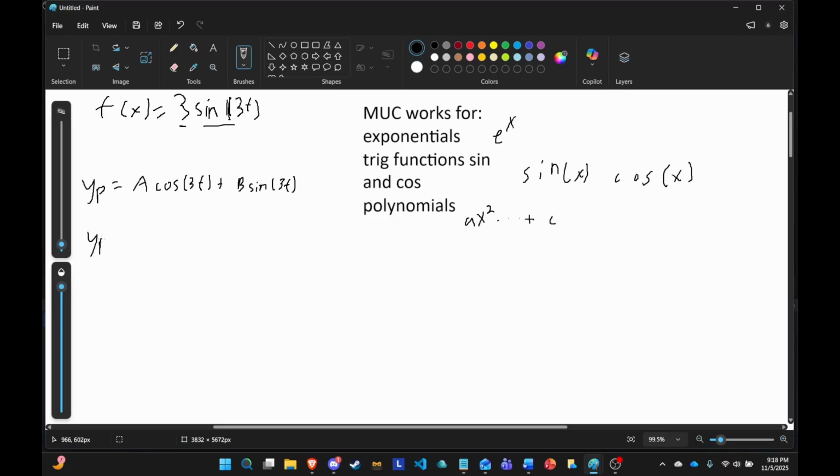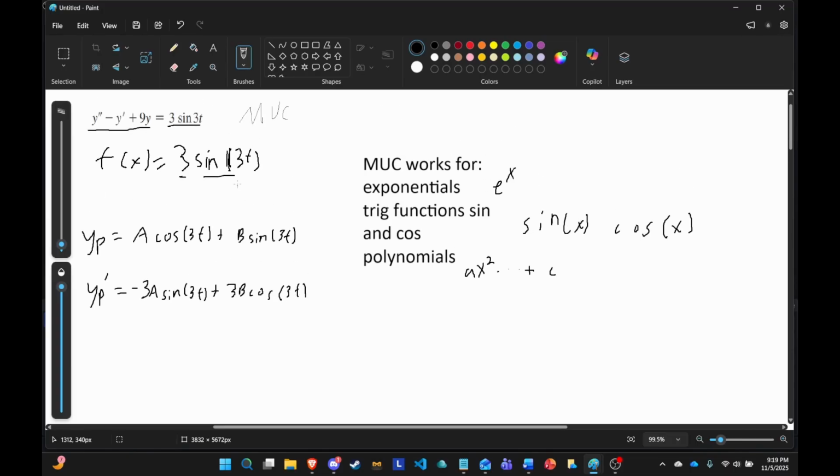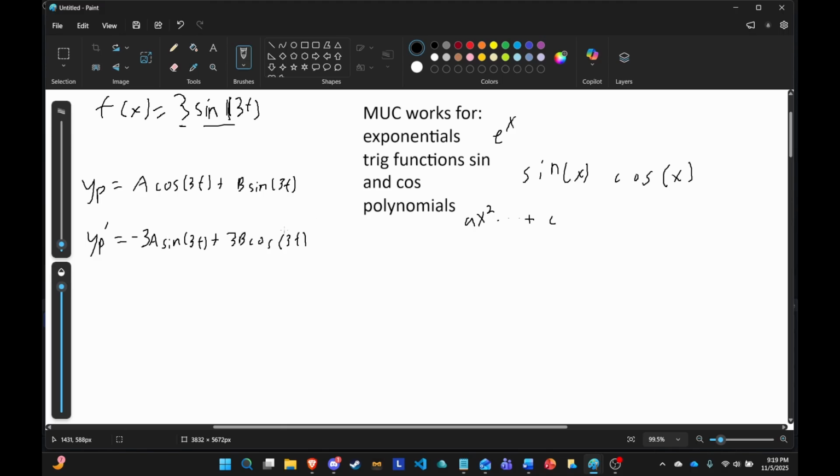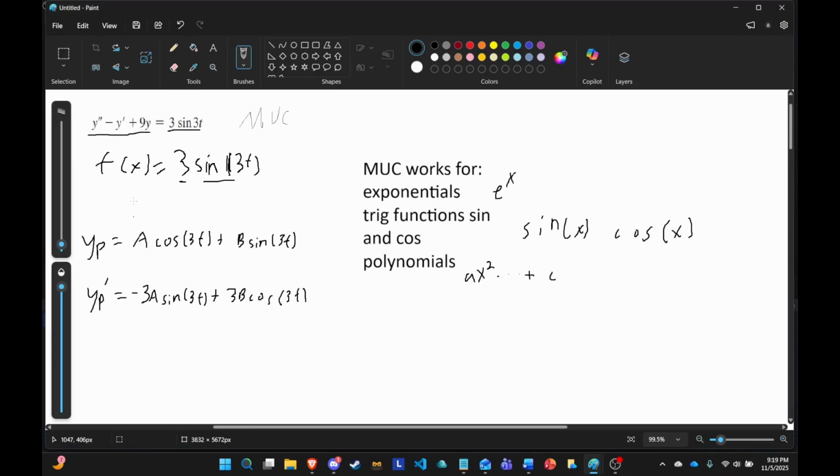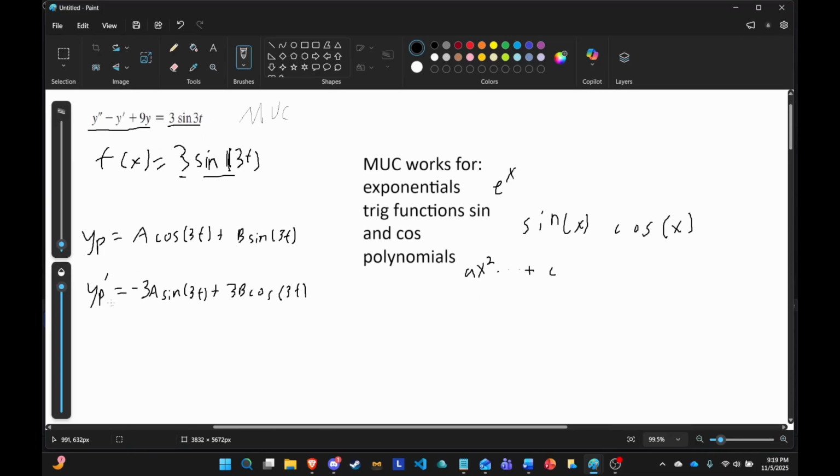We're going to take the derivative of y sub p. It's going to be negative 3a sine of 3t plus 3b cosine of 3t. The t doesn't matter. I wrote x on the right, but it doesn't matter what variable you call your input variable. And then we're going to take our second derivative, because this is a second order diffeq.